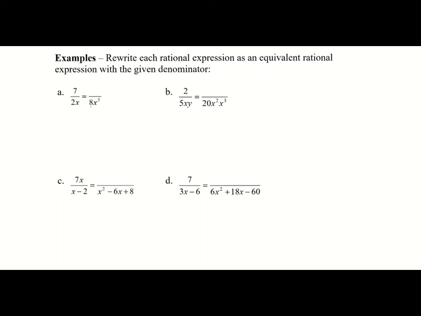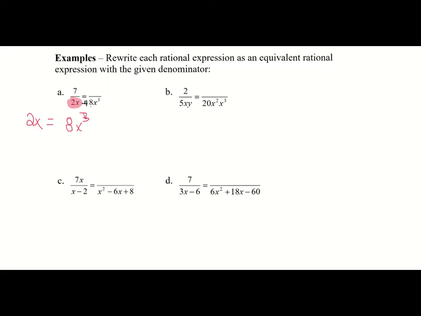What I need to figure out here is, what did they multiply this 2x by to get 8x cubed? To go from 2x to 8x cubed, to go from 2 to 8, I have to multiply by 4.